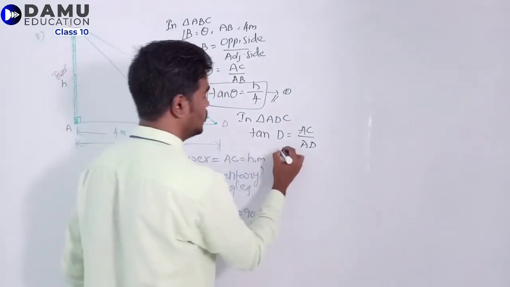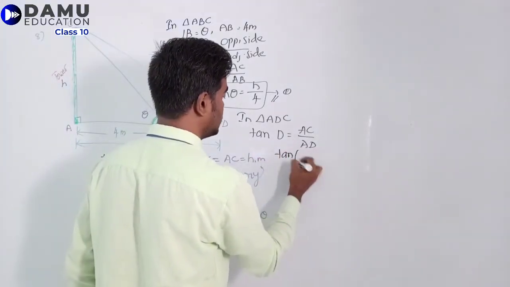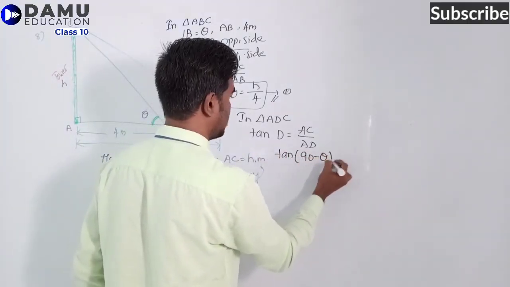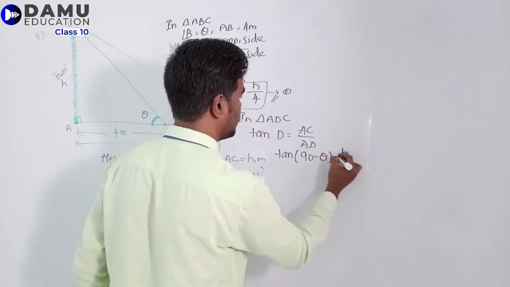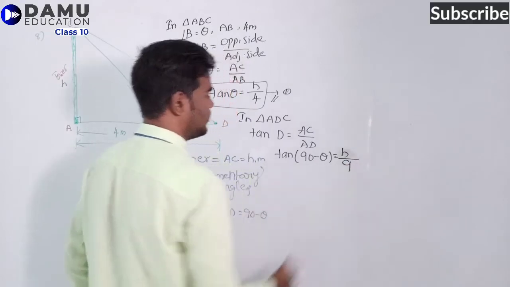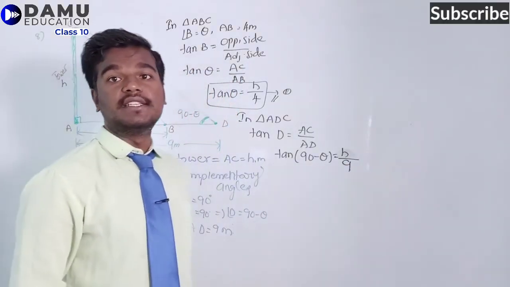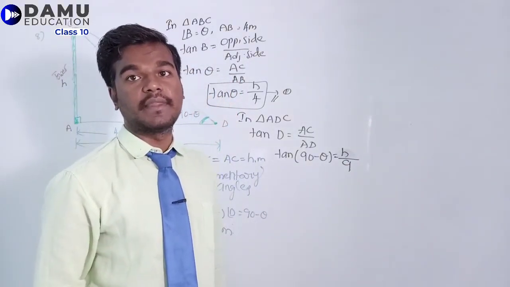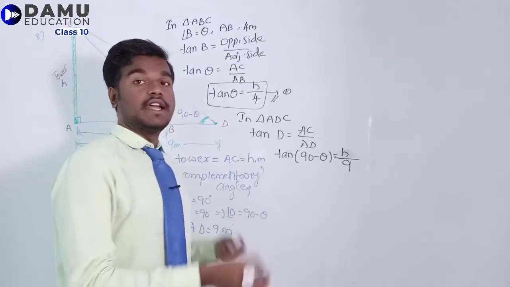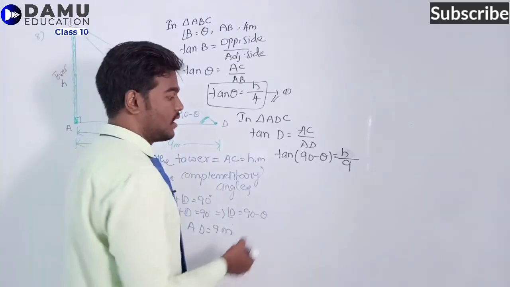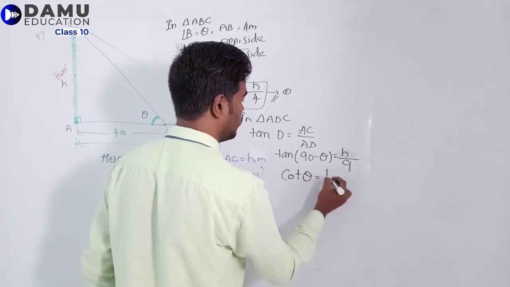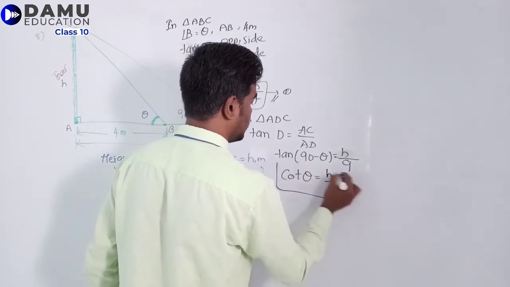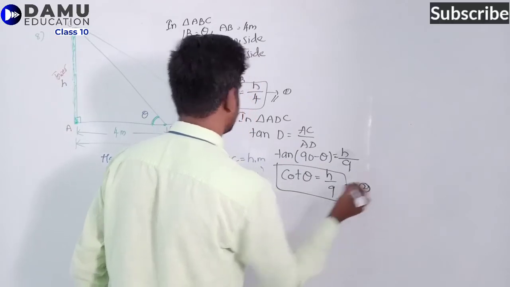Angle D is 90 minus theta, so tan of 90 minus theta, which we know is cot theta, equals h by 9. Since 90 minus means the opposite trigonometric ratio, cot theta equals h by 9.